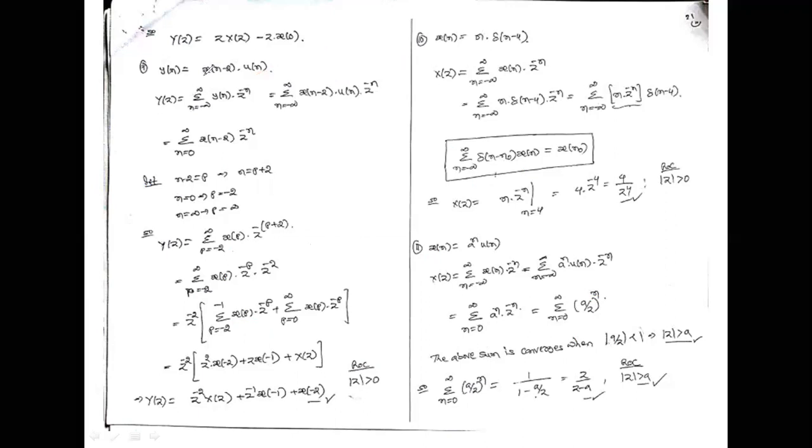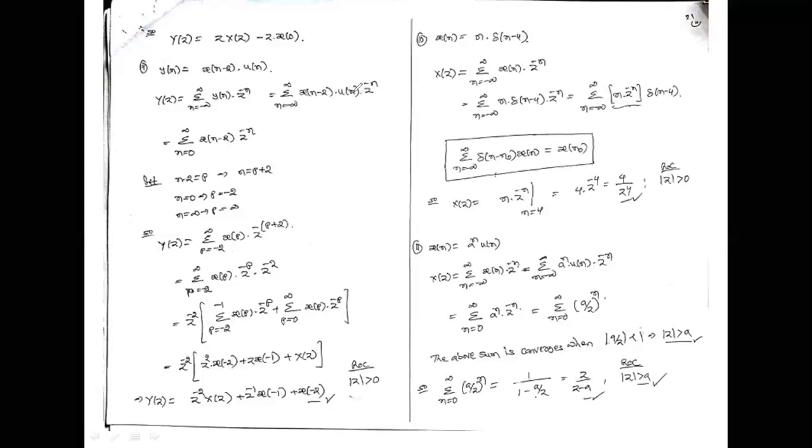Got it? So see, y of n is given as x of n minus 2 mu of n, and the definition is minus infinity to infinity of y of n z power minus n. And what is y of n given? x of n minus 2 mu of n, times z power minus n.